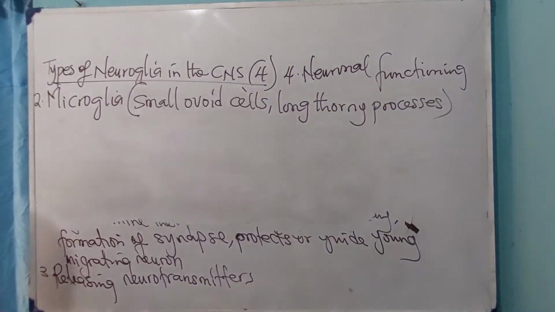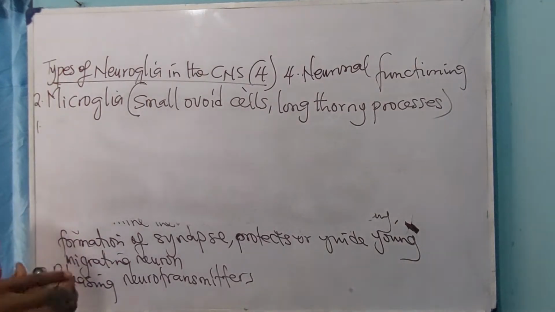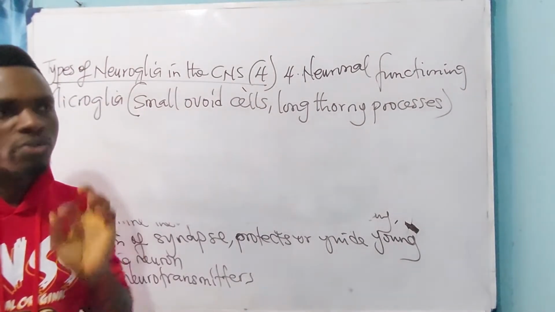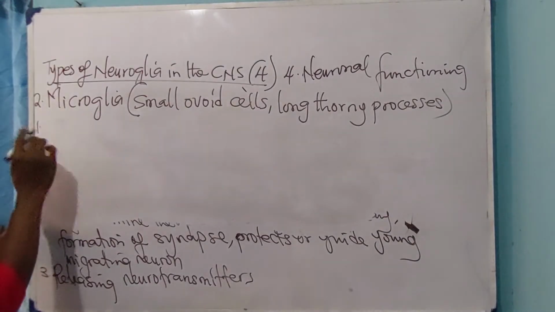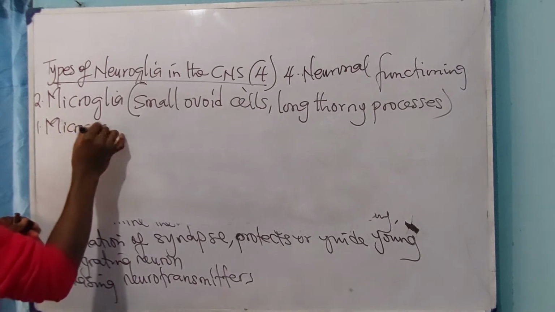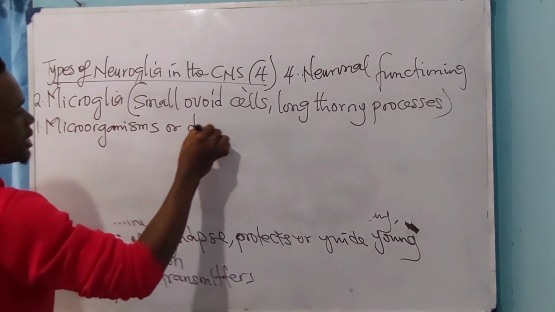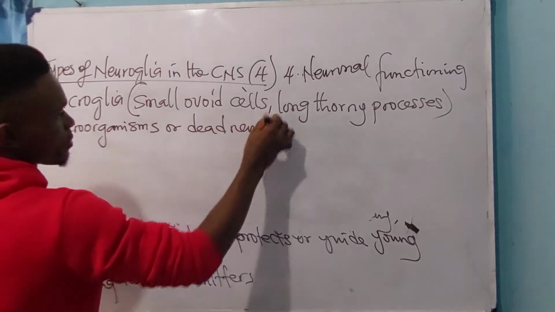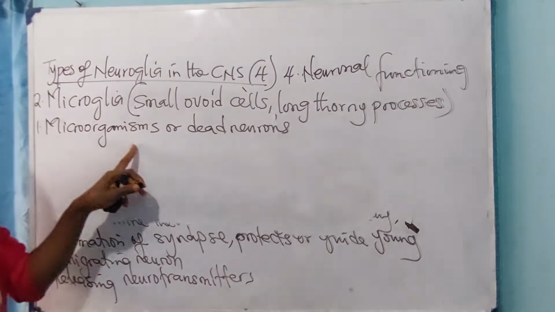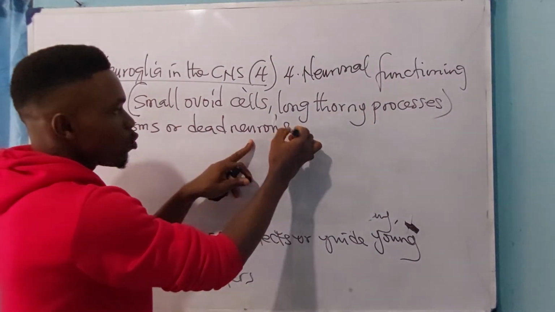Now, what are the functions of the microglia? One, please let me say this. Anywhere around the neurons where there are microorganisms or dead neurons, whenever they sense microorganisms or dead neurons in the body, what will they do?